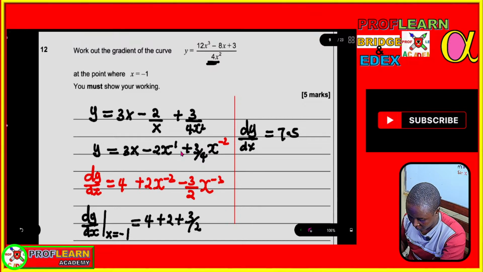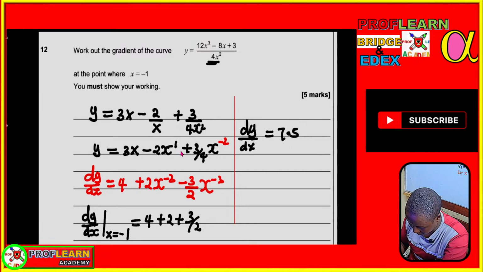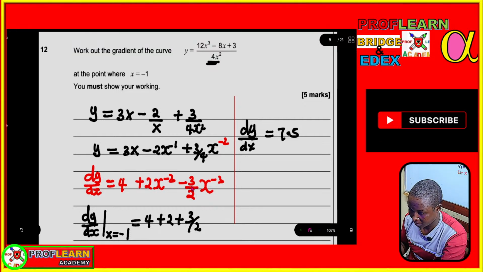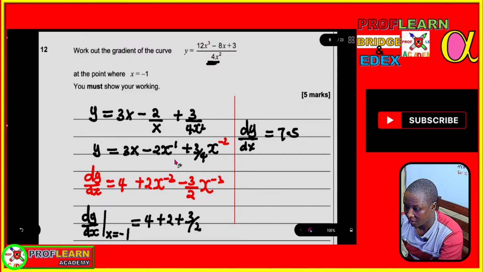Yeah, I think we need to sort this out. So this is going to be minus 2, 1 here, plus 3 over 2. When this comes down, it becomes minus.